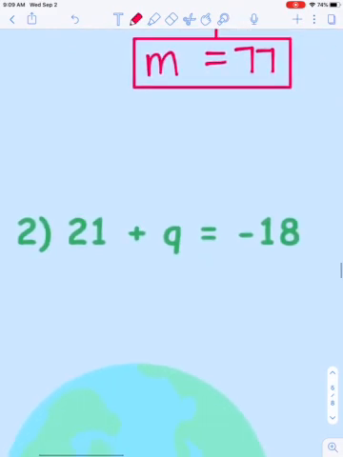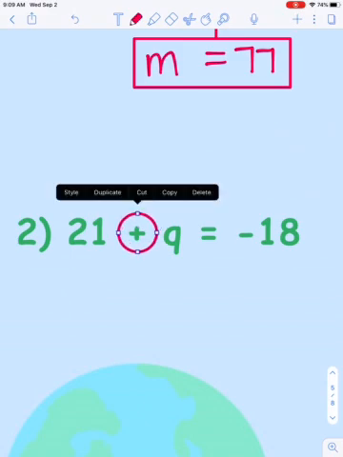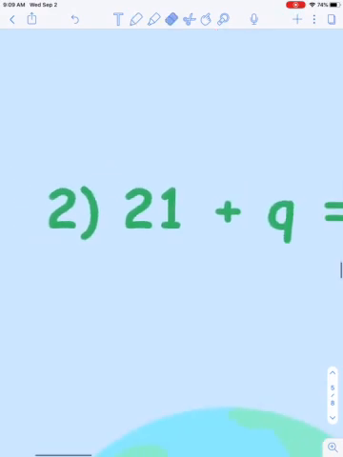Number 2 says 21 plus q equals negative 18. So what's my variable? Q. What's happening to my variable? We are adding 21. And the opposite of that would be subtracting 21. You have to be a little careful here because this addition sign is not necessarily why we're subtracting 21. We're subtracting 21 because this 21 is positive.